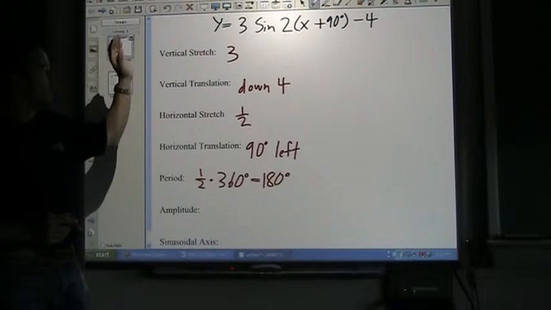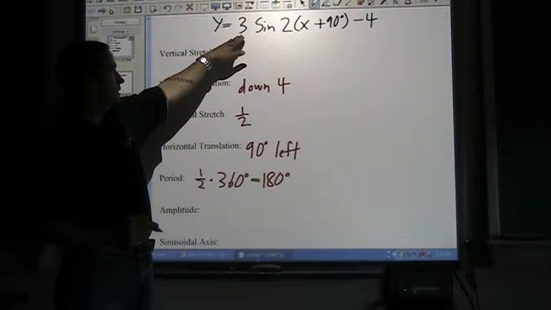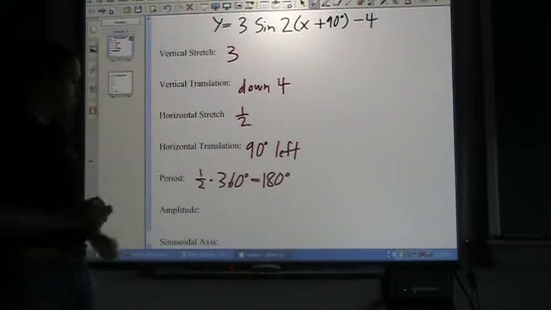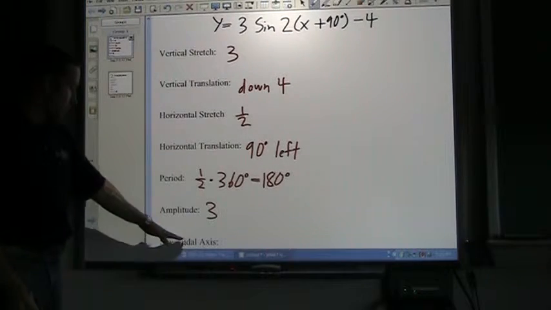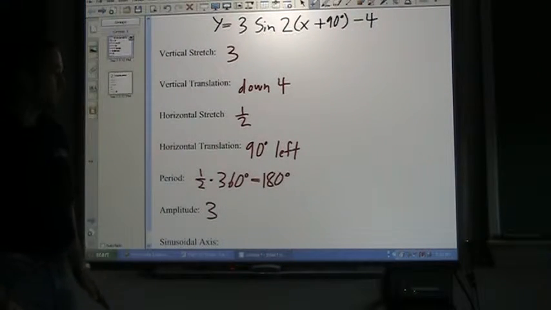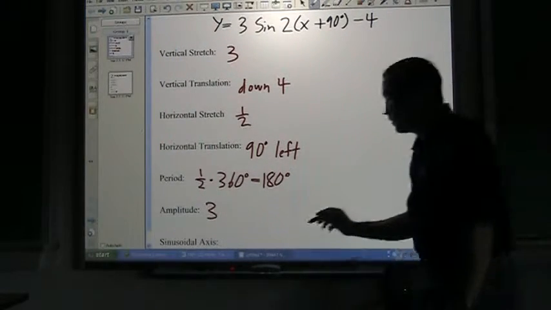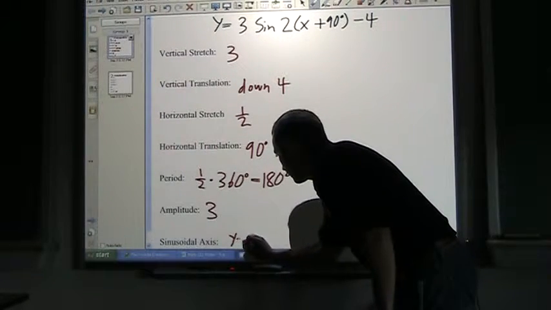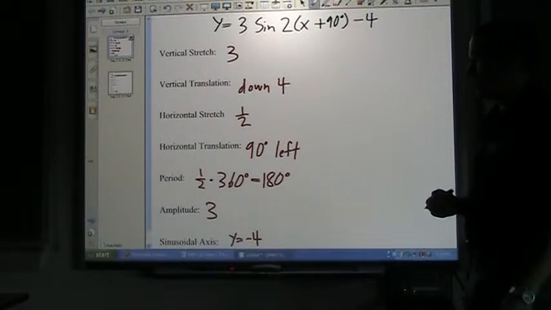From the general standard form, this is where the A was, in other words, the amplitude. So it is 3. The last property I have down here is the sinusoidal axis. Well, that's the number on the end, the -4. So y equals -4 is the new axis that the graph will be on.